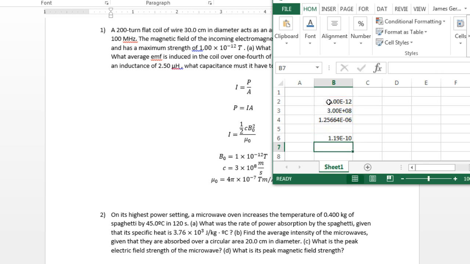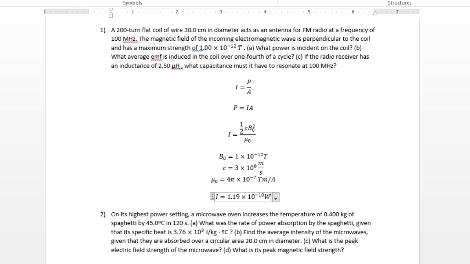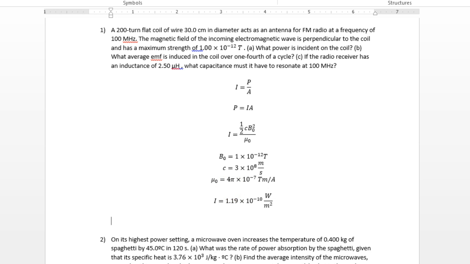So we got 1.19 times 10 to the minus 10th watts per square meter. That's the intensity.